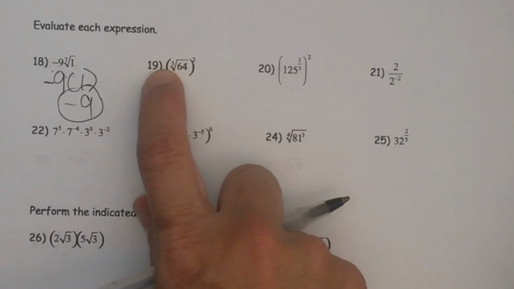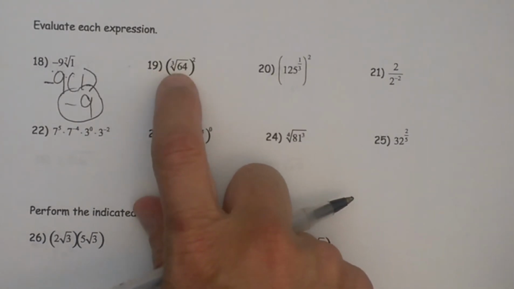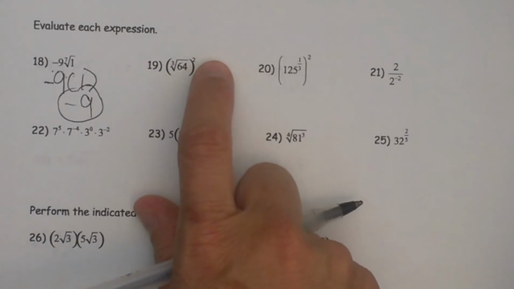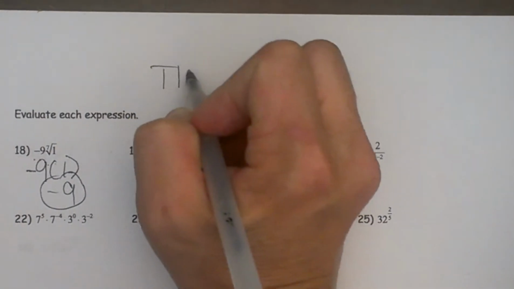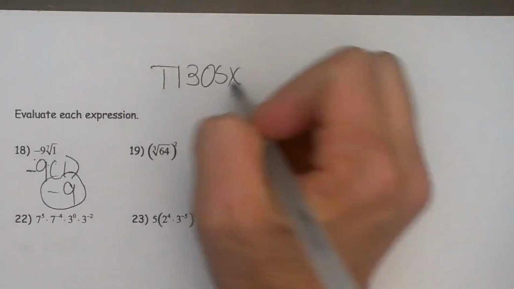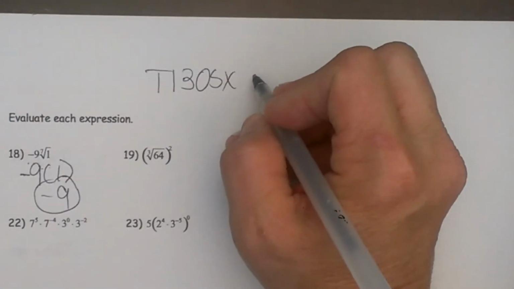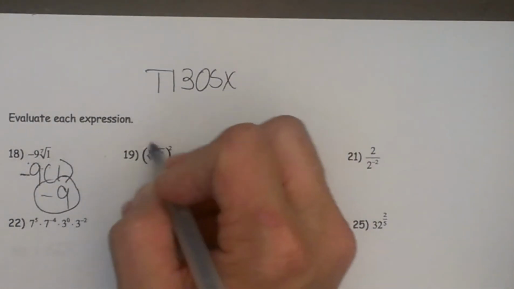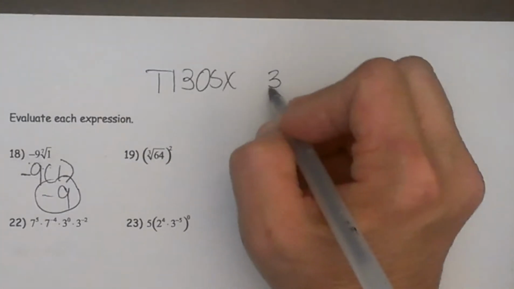Okay, number 19. The cube root of 64 squared. Well, the cube root you can actually do on a calculator. We use the TI-30SX, and I'm going to give you the keystrokes for this. First of all, you've got to tell the calculator, instead of a square root, it's a cube root. So I'm going to put in a 3 first.